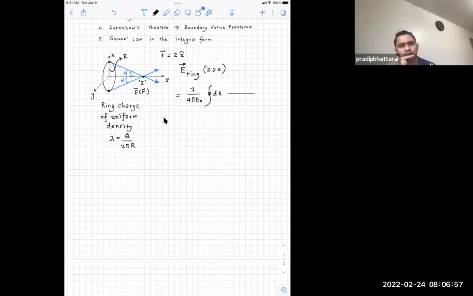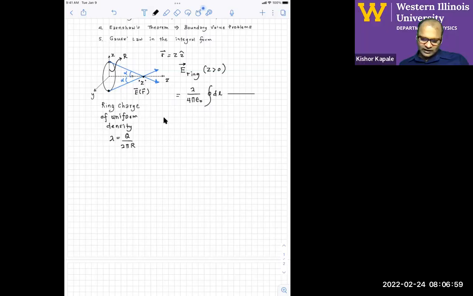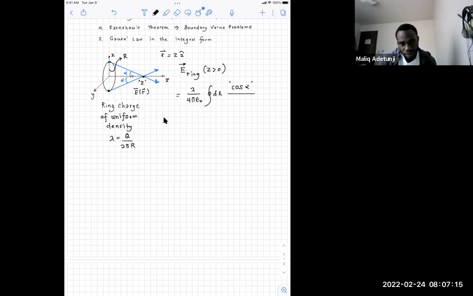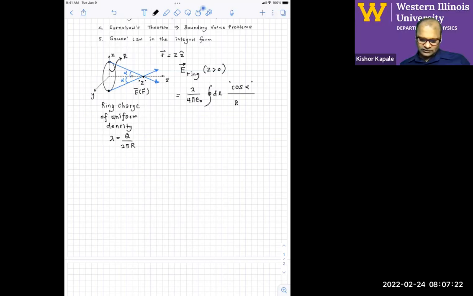Cos alpha. Okay, why cos alpha? So let's write down cos alpha, but we will see why in a minute. But I'm just only looking for the distance part right now. What would that be? Would that be the square root of r squared plus z squared? Square root of r squared plus z squared, why square root? Remember Coulomb's law is 1 over distance squared, right?